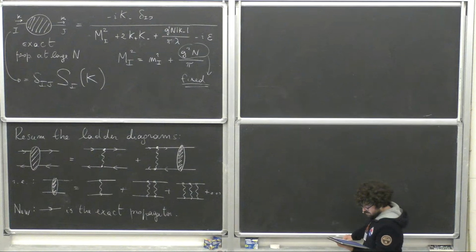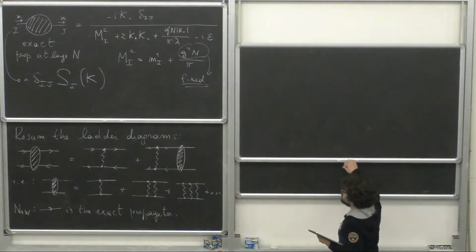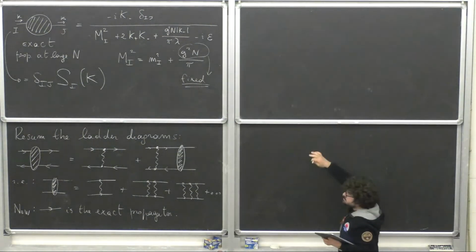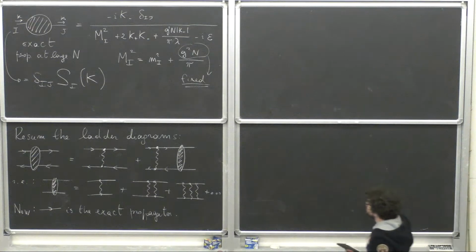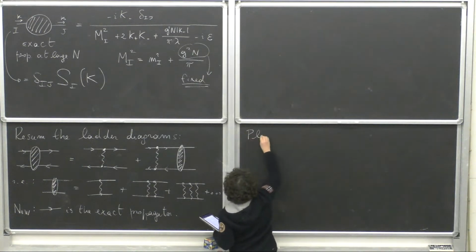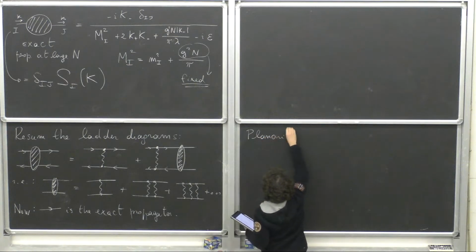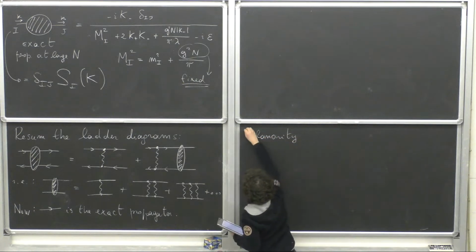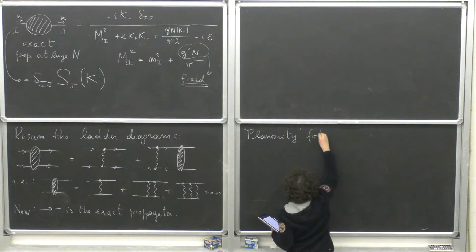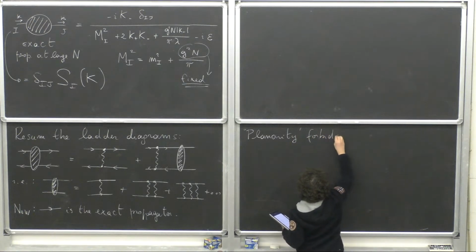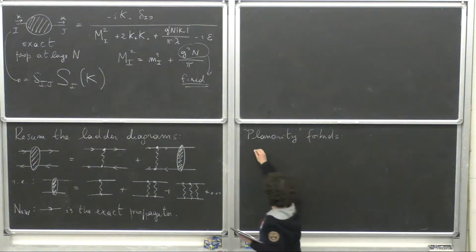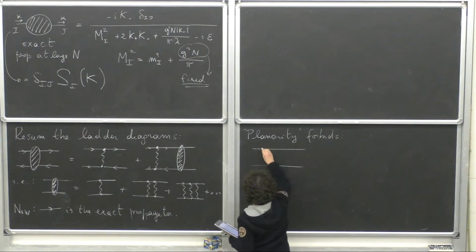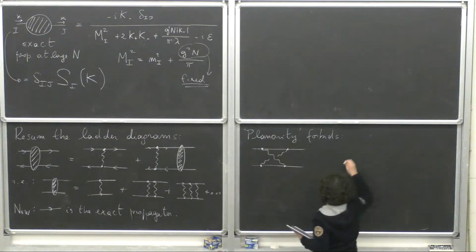And in this resummation, again, remember that we are using planarity, and I just want you to realize that planarity, meaning the large N, forbids contributions like this diagram, okay?